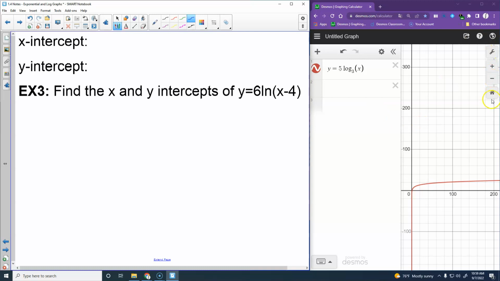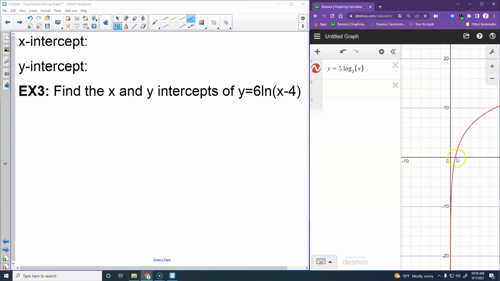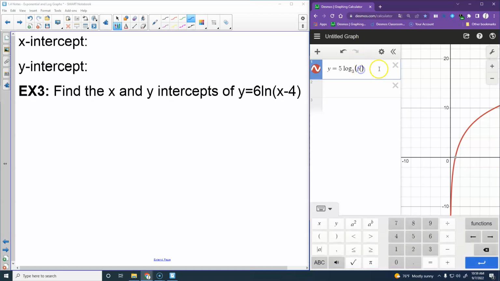If I have a graph over here, the X-intercept is just the place where it crosses the X-axis, right? What's my Y-coordinate? 0. If I change this and put a +9 right there, it's going to change where the graph is at. At my X-intercept, what's my Y-coordinate? 0.